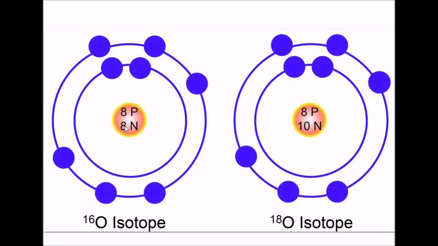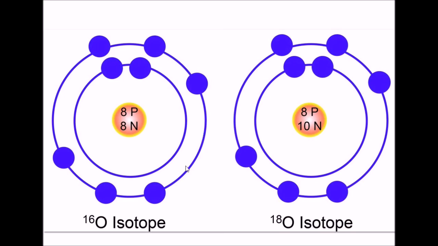In most atoms except hydrogen 1, one isotope of hydrogen, they always have neutrons. A neutron is just a little bit heavier than a proton, but when we say atomic weight, we add the number of protons and neutrons together.